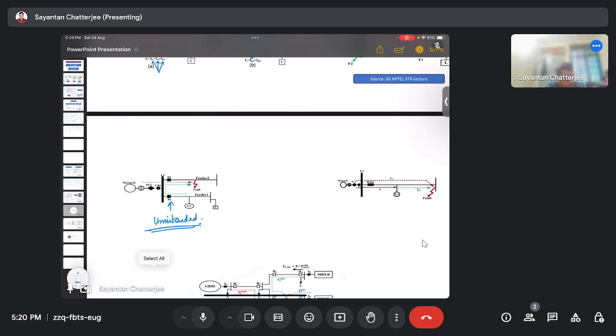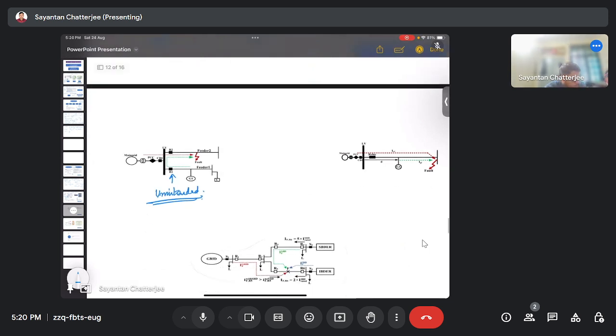Overall, when the fault contribution from this G1 exceeds the relay setting for R1, that would result in a tripping of this relay. So unnecessary power interruption will be faced here. This is the case for false tripping.